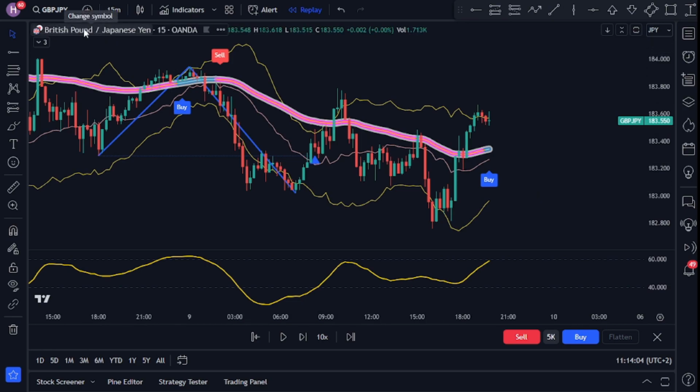On the chart, we have the British pound against the Japanese yen in the 15-minute time frame. For a valid buy trade, firstly, we are waiting for price action to cross below the lower dynamic bands, which shows the market is currently oversold.